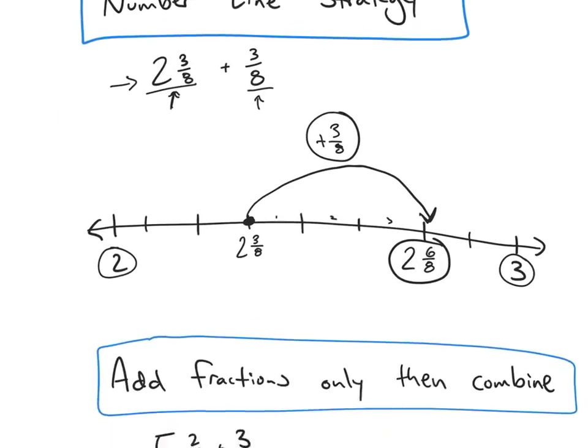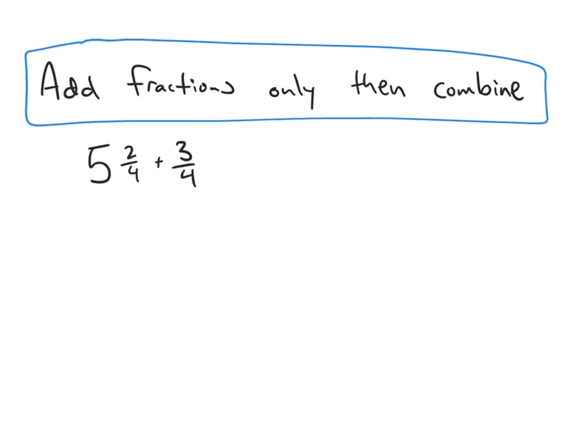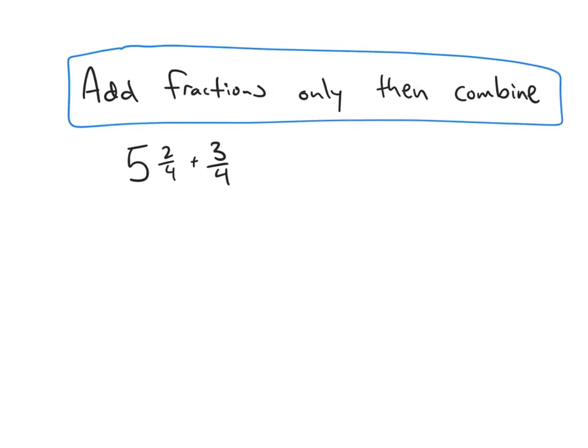Now, the next couple of strategies are going to be how we can solve these types of problems numerically. The first strategy is that we can add the fractions only first and then combine them with the whole numbers. So we're going to add the fractions first, then combine them with the whole numbers. I'm going to demonstrate with the problem 5 2/4 plus 3/4.